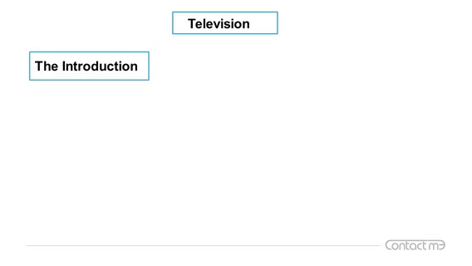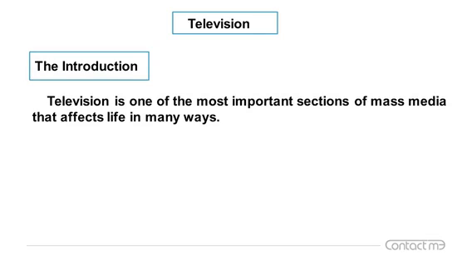Here is a second example, television. First, look at the introduction. Television is one of the most important sections of mass media that affects life in many ways. You can use many introductory sentences. For example, you can say television has a lot of advantages and a number of disadvantages.